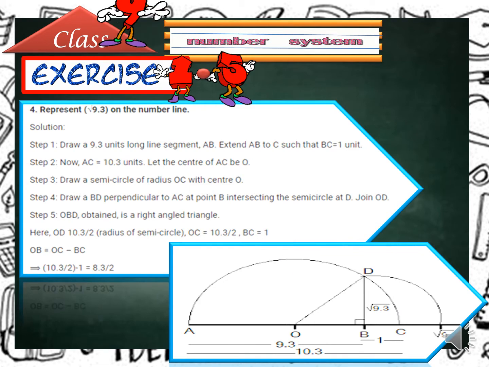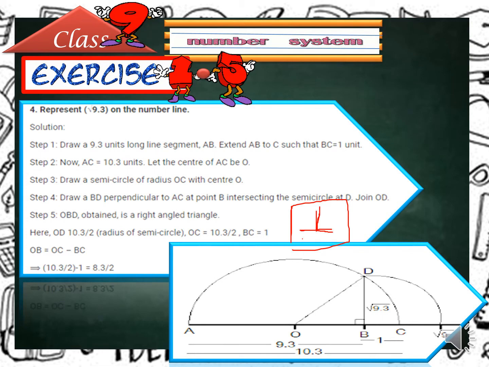Now let's draw a perpendicular line at B. What is a perpendicular line? When a line is standing on another straight line at a right angle, this is said to be a perpendicular line.